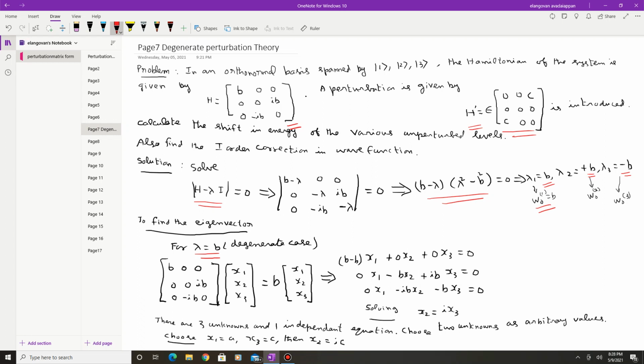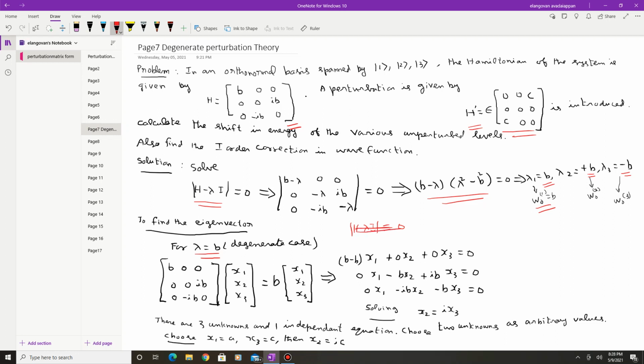Now again you solve this equation. Actually, this is the determinant of H minus lambda I equal to zero.